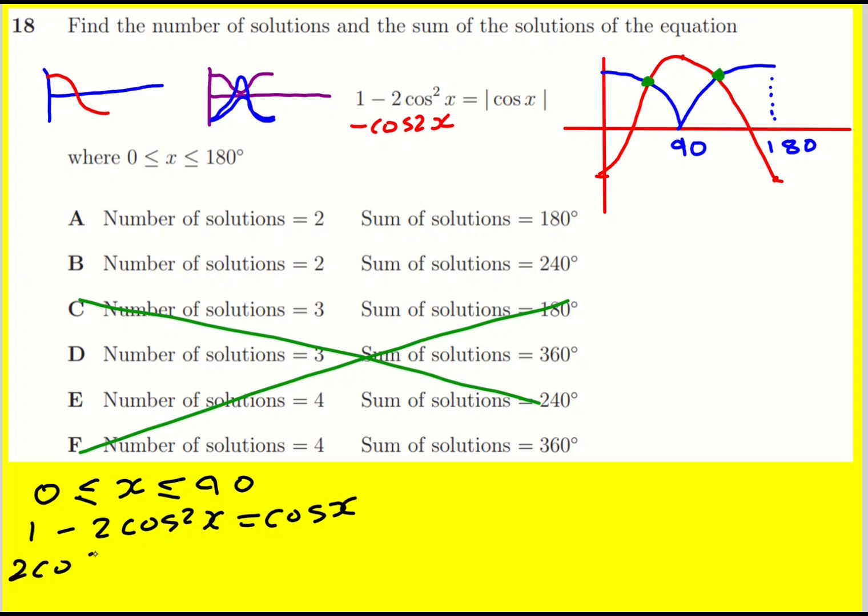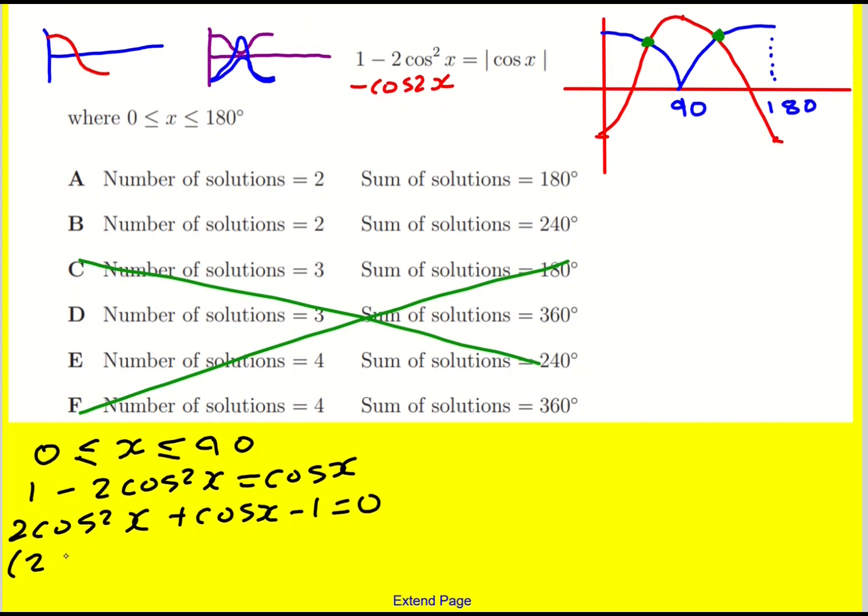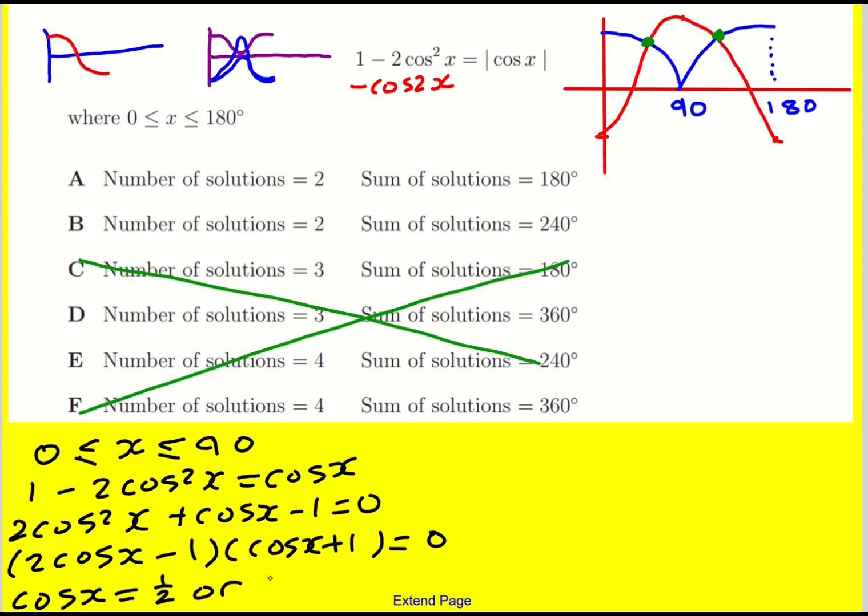That means 2 cos squared x plus cos x minus 1 is equal to 0. Then I'll get a plus 1 here, minus 1 here. Cos x is equal to a half, or minus 1.